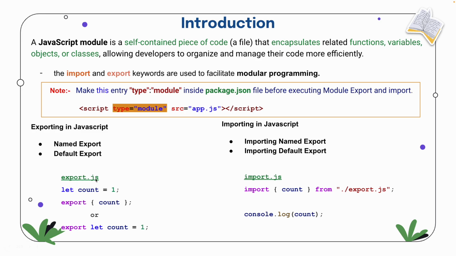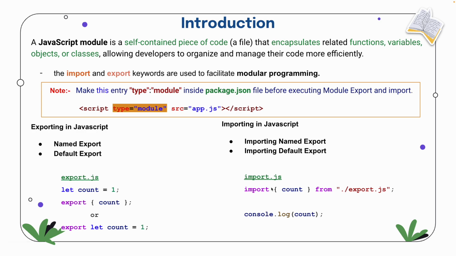See, in the export.js file we have one variable created: let count equal to 1. So what we are going to do, either we can write export count, or else directly write export let count equal to 1. Both ways you can write it to make it available to the outside world so that they can use this count. Similar to that, in import.js you write the import keyword.